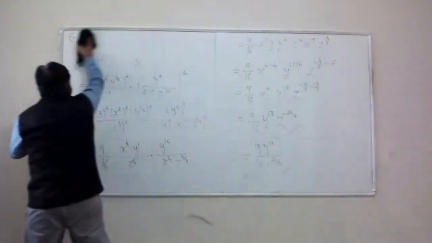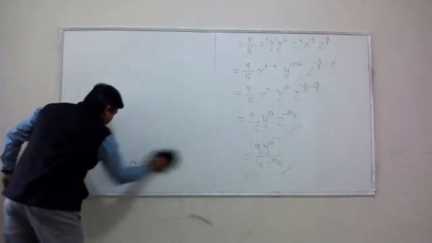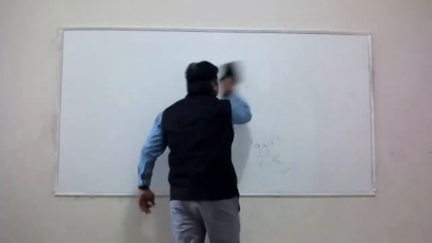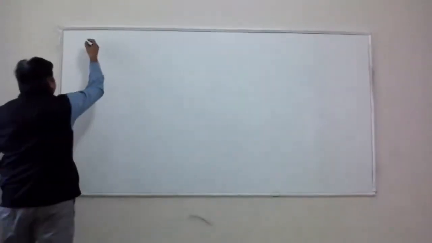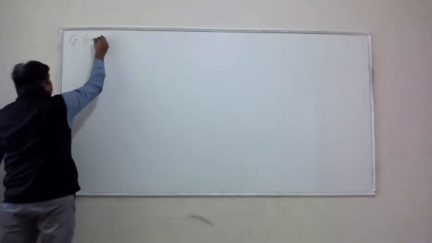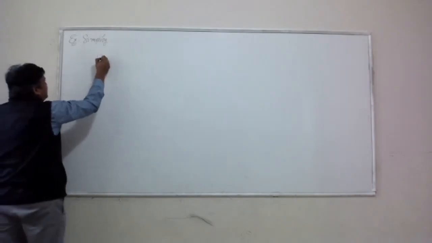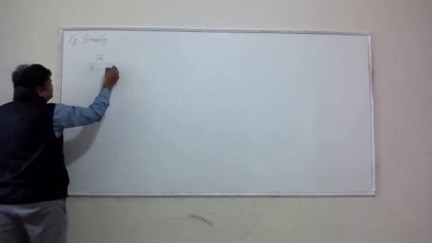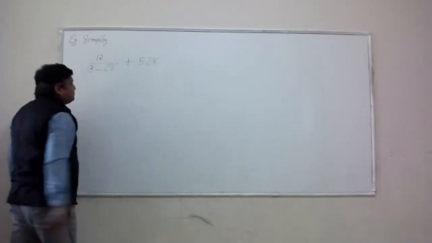We also talked about rationalization. Let's try to recall this rationalization process with one quick example. Let's say I would like to simplify this expression, 12 divided by 3 minus square root of 7, plus 5 square root of 7.